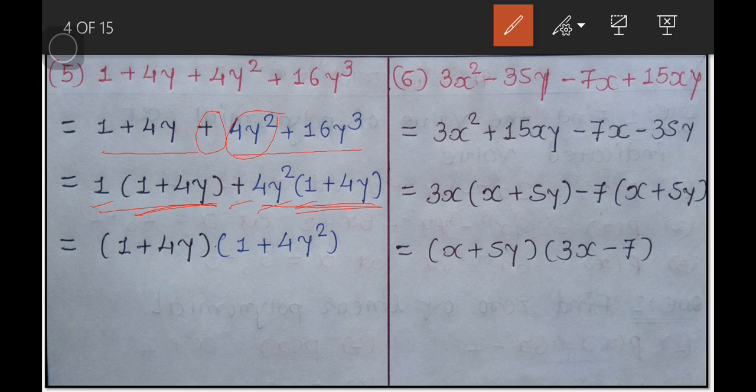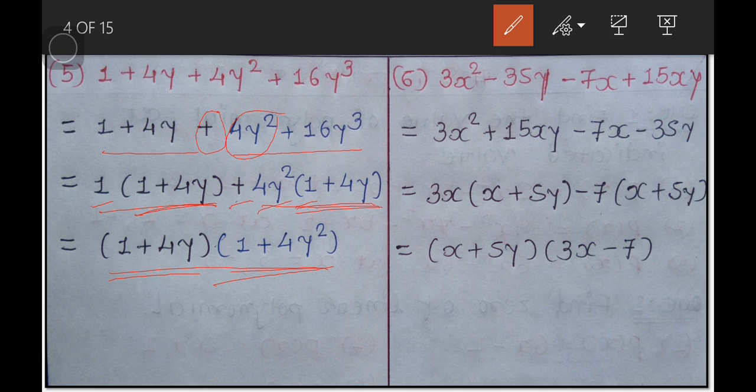So we extract 1 plus 4y from both terms, and the remaining part is 1 plus 4y², which we put in another bracket. So this is the factorization of the polynomial.